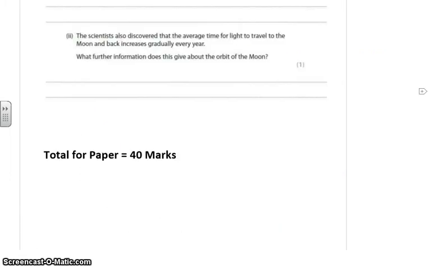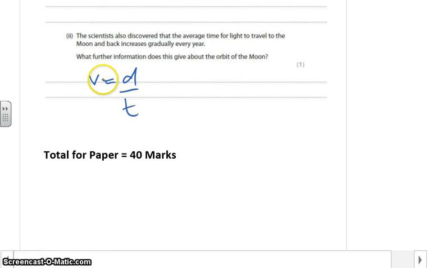Final question. As well as noticing this monthly pattern, what they found is that every year, very slightly, the average time increases. So again, let's go back to that equation, velocity equals distance over time. This can't change, that's a constant.